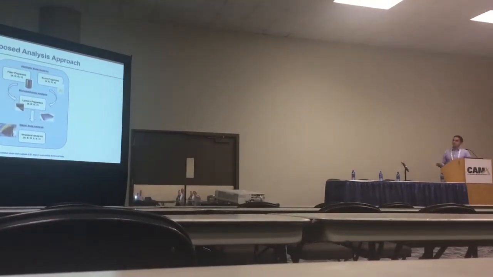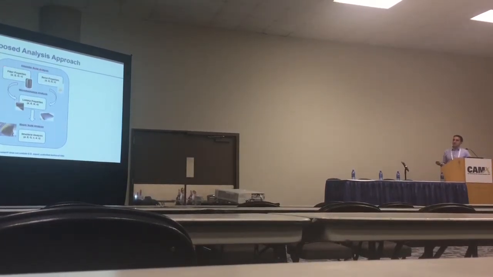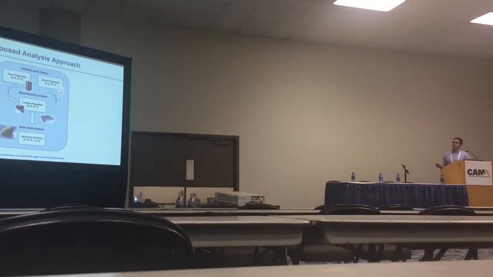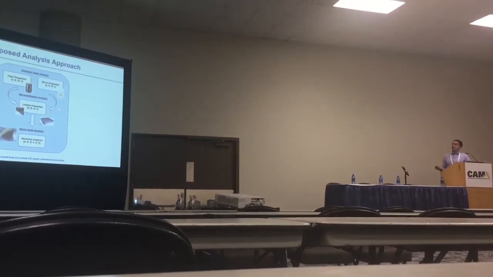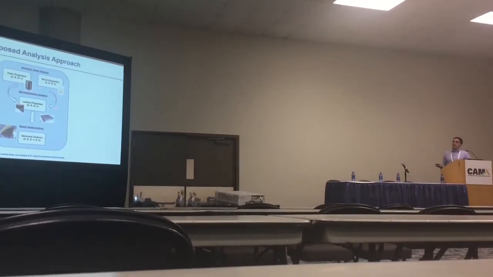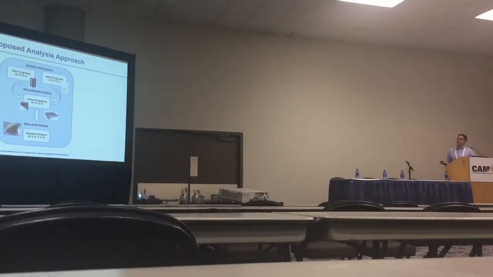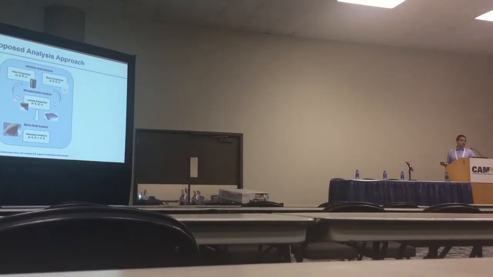This is where the approach comes in. So it's again a multi-scale framework. What that means is that I am initially starting with resin and fiber. I want to understand the behavior of both through analysis. I get the properties and I embed them into a micromechanics framework, which is the second level, to get the lamina properties.